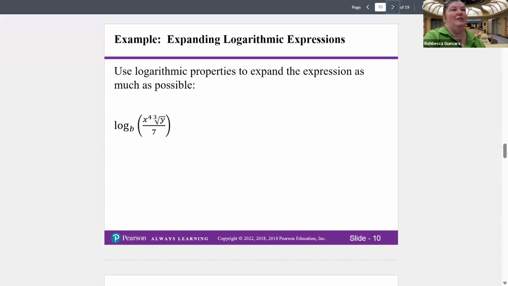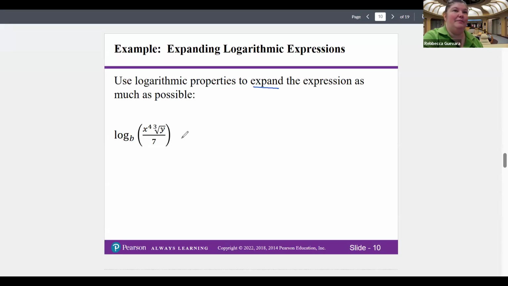So we'll do one example here. We want to expand this expression as much as possible. One of the things we notice is we've got a quotient here. We've got something on top and something on bottom. So I can use the quotient rule and go, well, this is just log base b of x to the 4th times the cube root of y, and then minus the denominator, so log base b of 7.